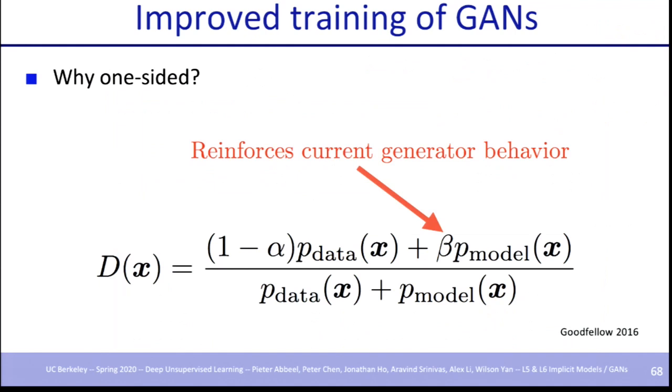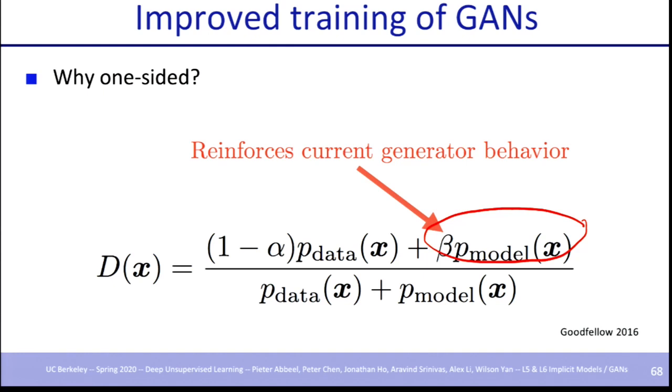If you write down this particular optimal discriminator, you end up with this term which is (1 minus alpha) p data(x) plus beta p model(x) in the numerator. And alpha and beta are your noise probabilities for your real data and your generated data. The authors make the argument that they don't want any p model term in the numerator, because if the optimal discriminator has a p model in its numerator, then it reinforces the generator to produce more of such samples.